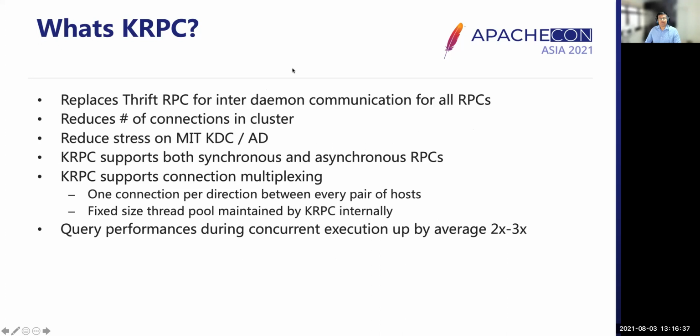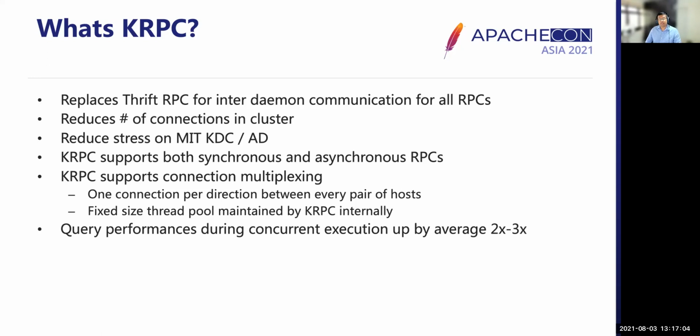Now, what is KRPC? KRPC is the acronym for Kudu RPC. It was called Kudu RPC because this protocol for inter-daemon communication was built first for Kudu and then used for Impala. It reduces the overall connections in the cluster. It reduces the stress on MIT-KDC and supports both synchronous and asynchronous RPCs.